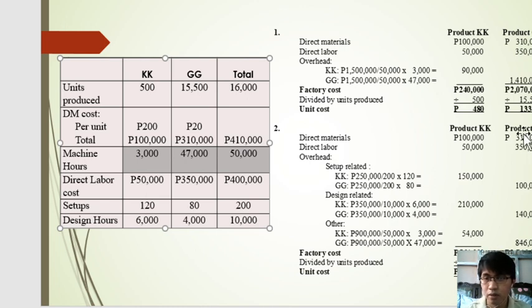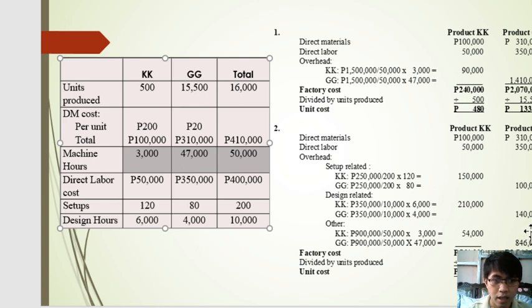The same procedure is used for product GG. So, let's check if the allocation is correct. Direct material, is this right? 310, correct. Direct labor, 350, correct. Setup related, 250 times 80 over 200, correct.